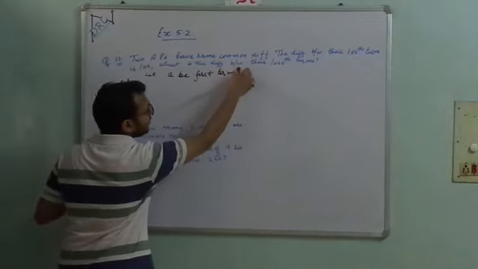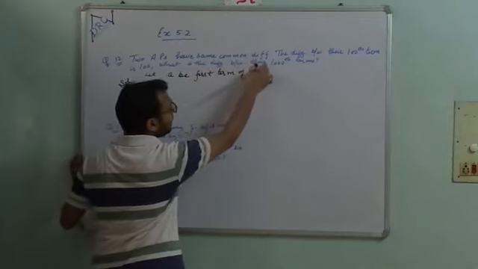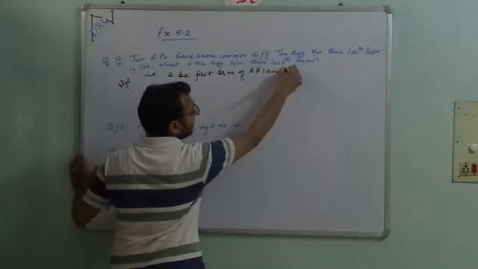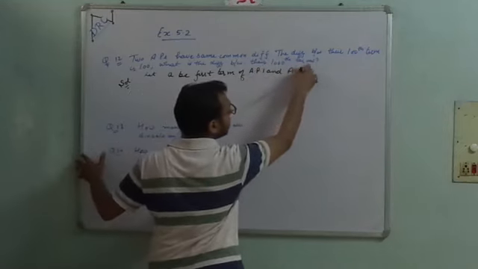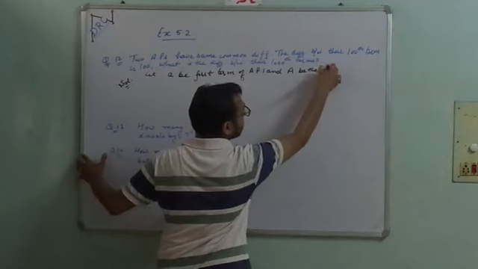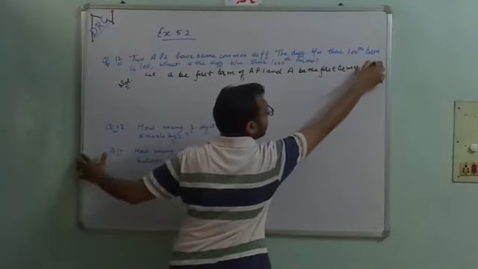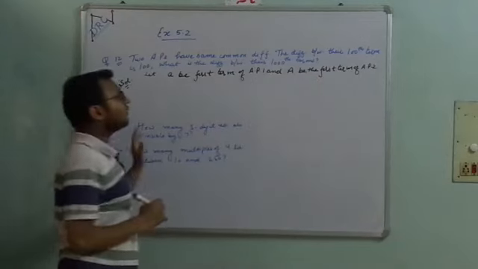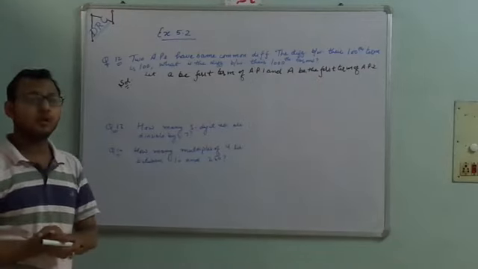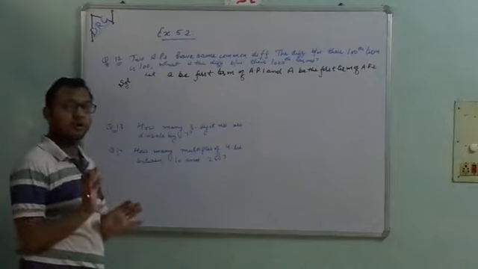small a be the first term of AP1 and capital A be the first term of AP2. As the common difference is the same for both the APs, can I let it be small d? Okay.